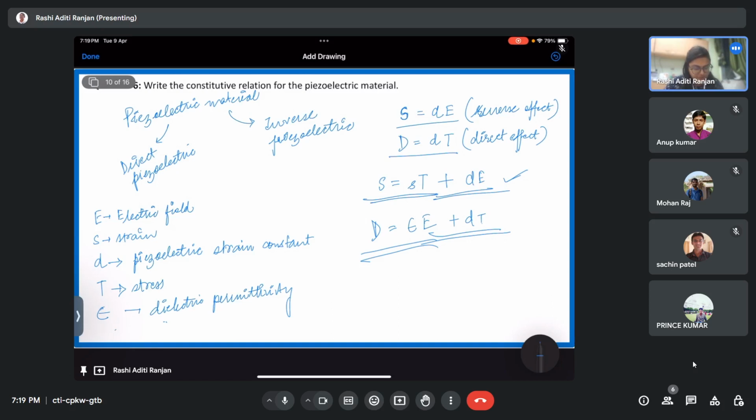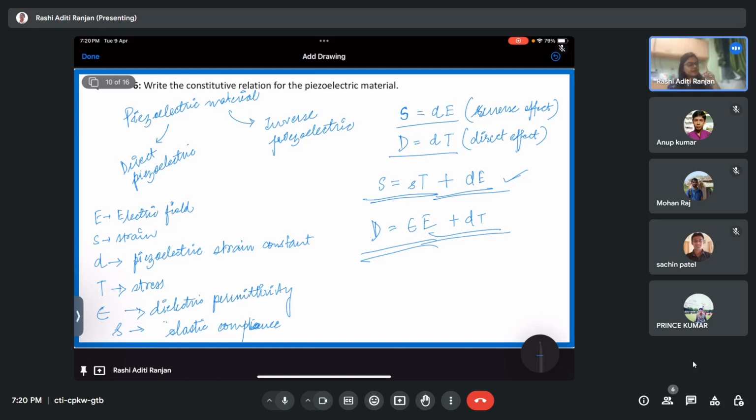And then you have your small s. What is your small s? You can say that it is the elastic compliance for now. I hope this is clear to you all.